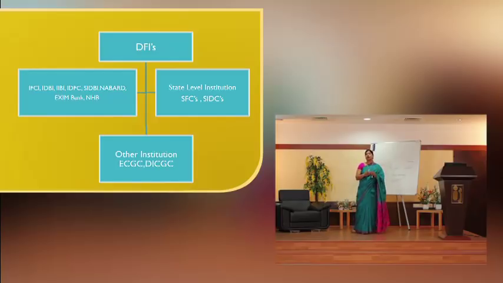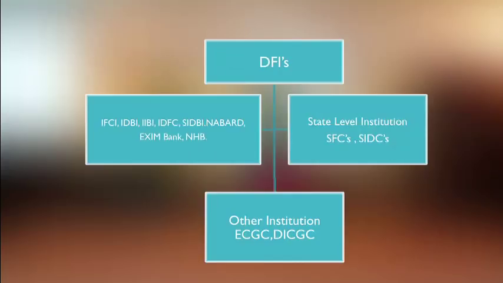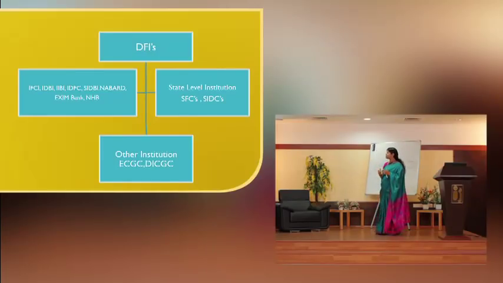At the national level, we have IFCI, IDBI, IIBI, IDFC, NABARD, Exim Bank, and NHB. These perform their functions at a national level. At the state level also, we have development financial institutions focused on the growth and development of various sectors, that is the SFCs and the SIDCs.